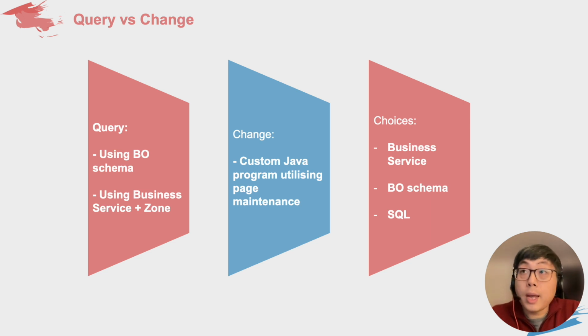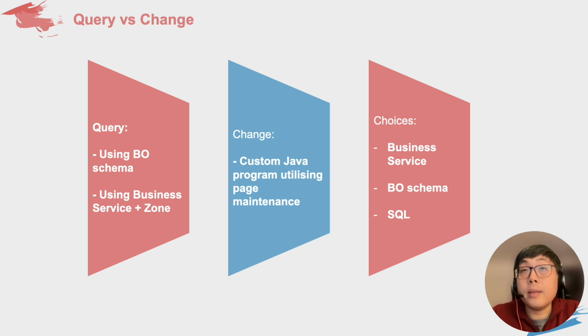The first type is to query the data from the backend of the database, or query the data from the front end using the metadata layer, for example, a business object.